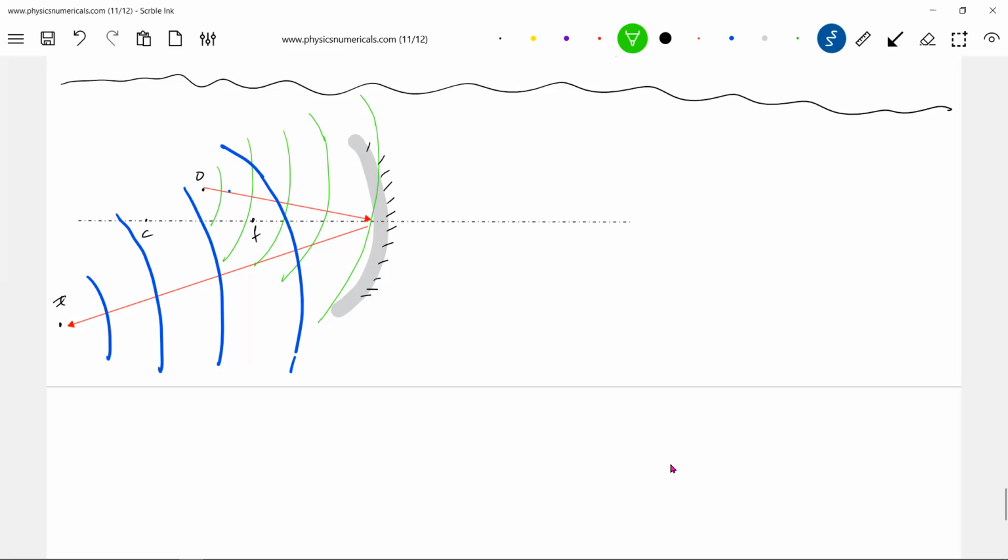And what about these? These are the reflected wavefront. This will be reflected, and this is a concave mirror.